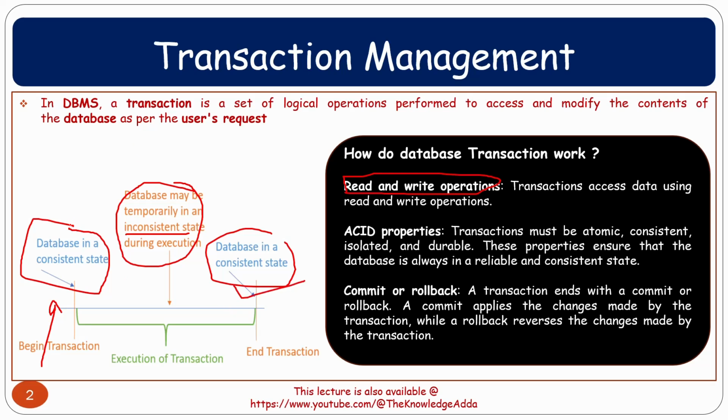If before the transaction your database is in an inconsistent state, after the transaction it should remain inconsistent, because we have four properties and any transaction mechanism has to follow them. First is atomicity, second is consistency, third is isolation, and last is durability. We will discuss them one by one in the next slides.